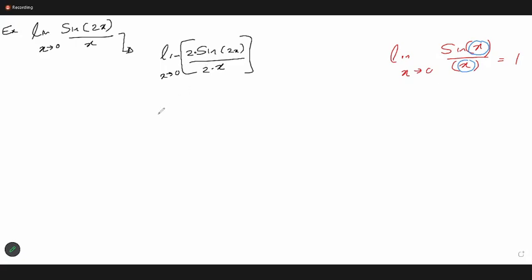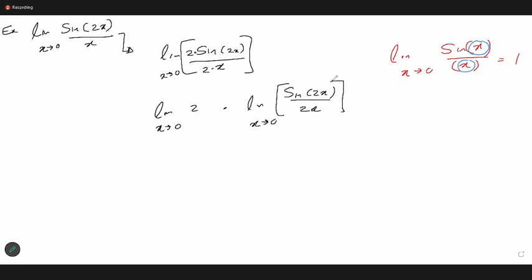So let's see now. You can take out the 2 from the limit because it is a constant, right? Then you can write this way: 2 times the limit of x approaches 0 of sin 2x over 2x, right?